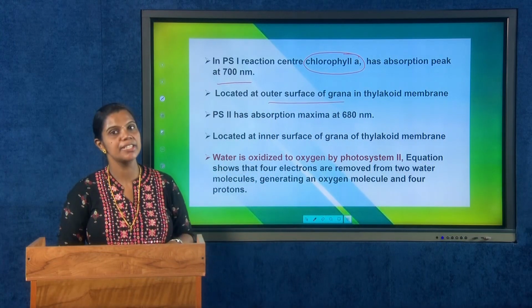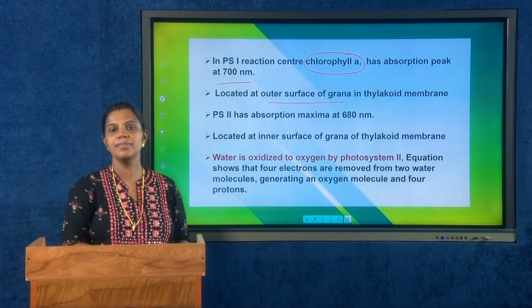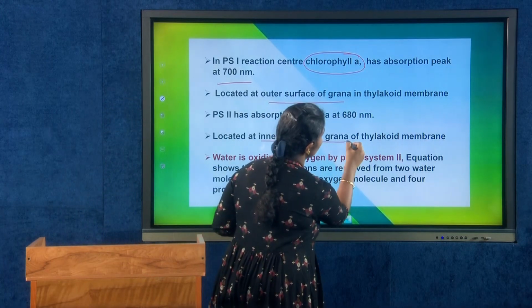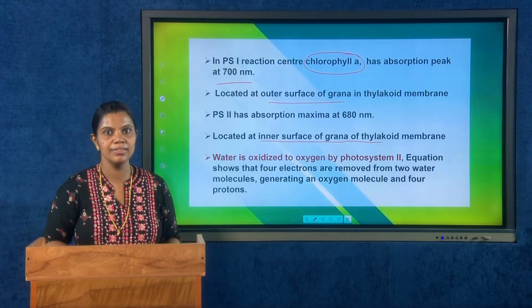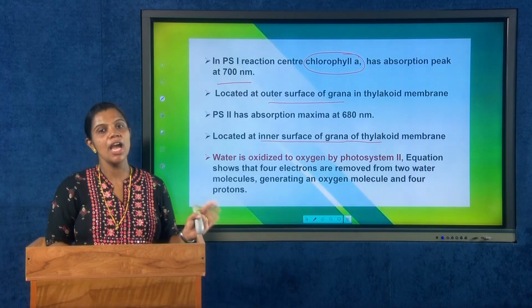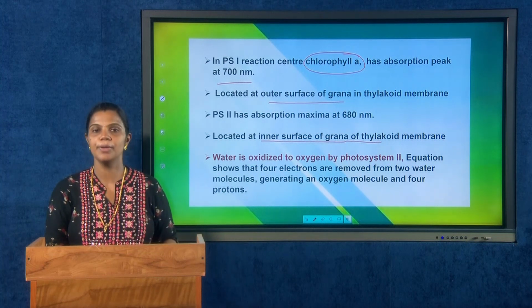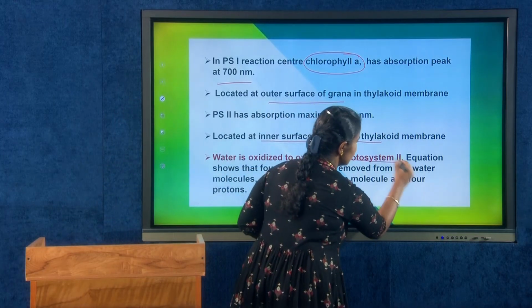PS2, I already mentioned, has the absorption maxima at 680 nanometer. It is located in the inner surface of the grana of the thylakoid membrane. Photosystem 1 is located in the outer surface and photosystem 2 is located in the inner surface of the grana of the thylakoid membrane. Water oxidation is performed by photosystem 2.